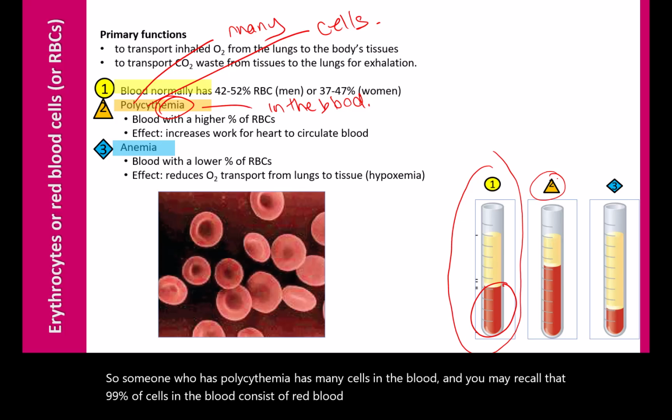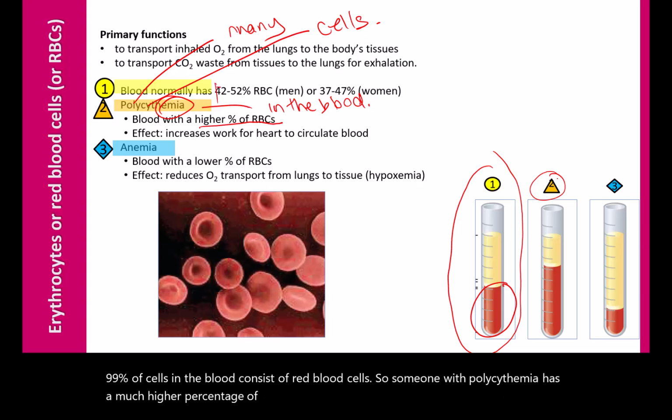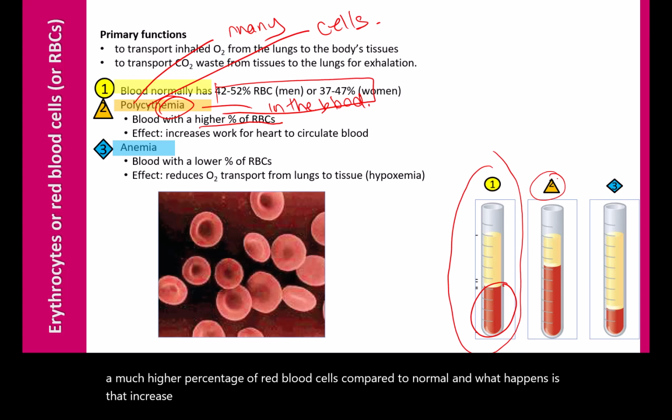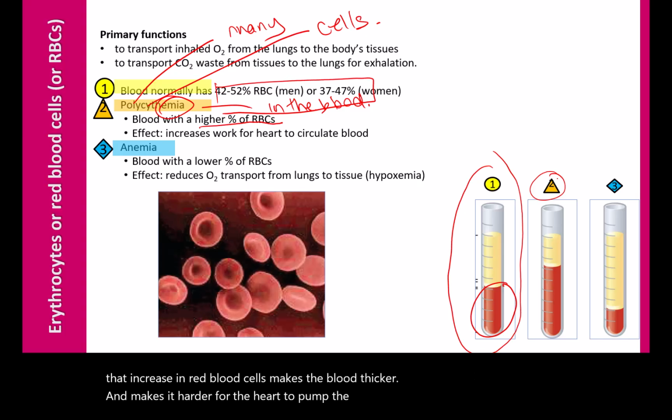So someone with polycythemia has a much higher percentage of red blood cells compared to normal. And what happens is that that increase in red blood cells makes the blood thicker and makes it harder for the heart to pump the blood throughout the body.